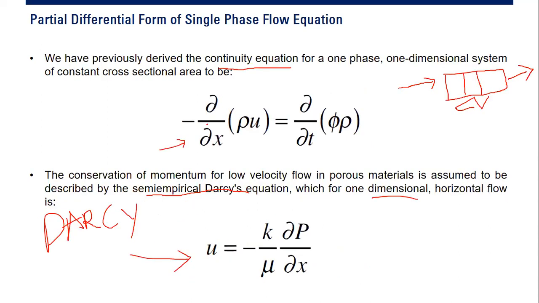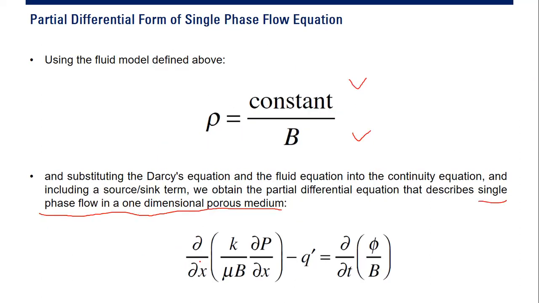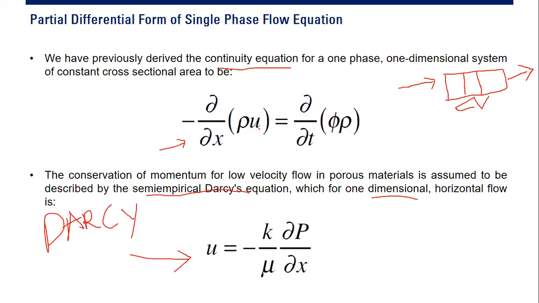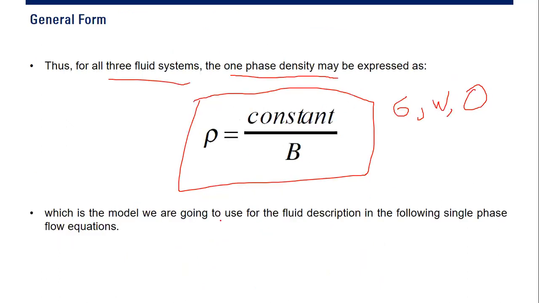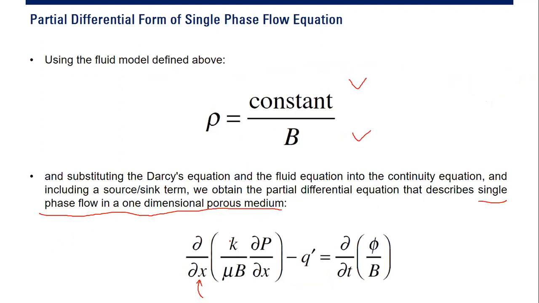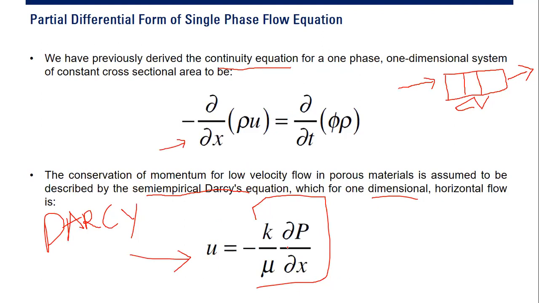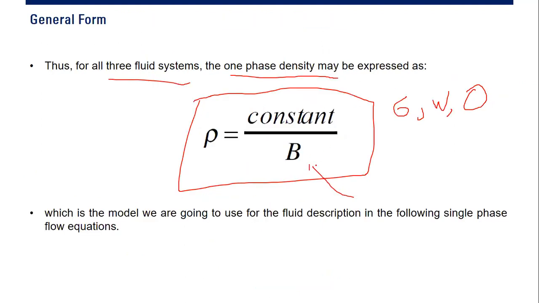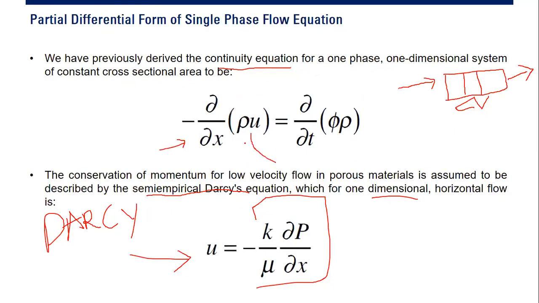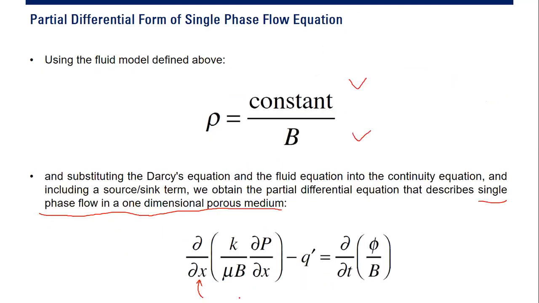So we have minus d/dx, and for the velocity we substitute using this Darcy equation, replacing u with k divided by viscosity. We replace also the density here. We replace density and u, so we have this.